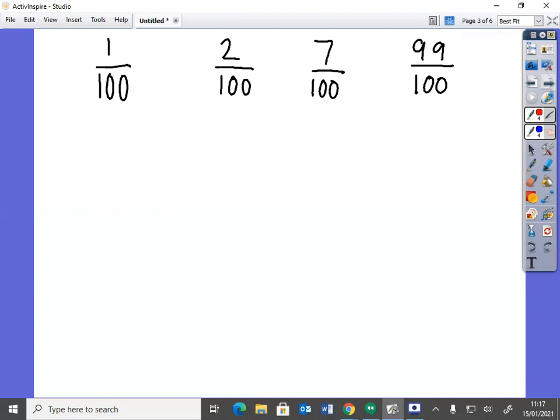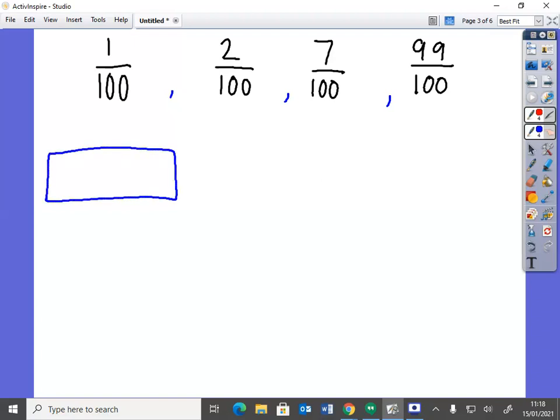The next thing that I want you to do is to have a look at these fractions. I've got 1/100th, 2/100ths, 7/100ths, and 99/100ths. It's really easy for me to see that they are in order from the smallest to the largest. Now, I've got 1 whole.